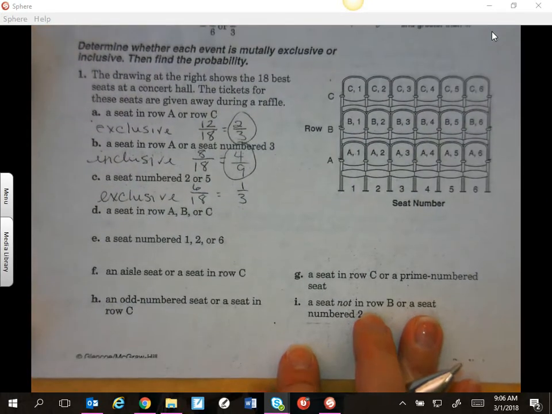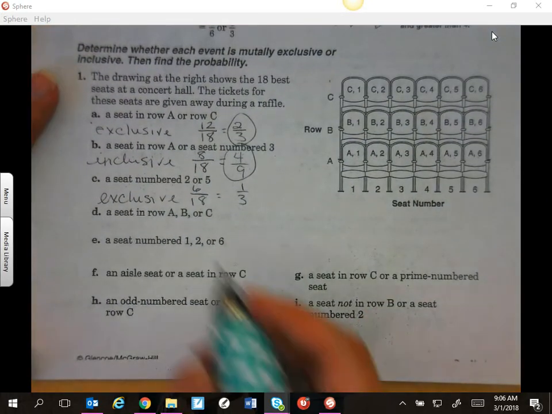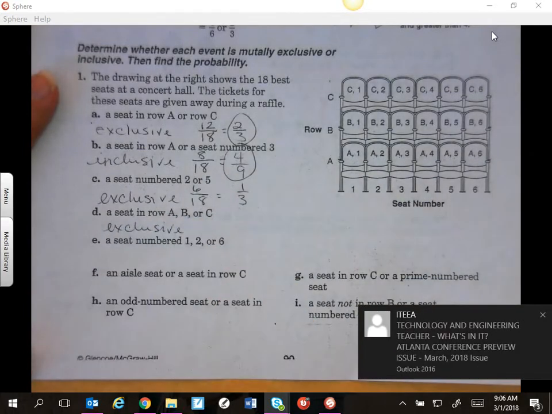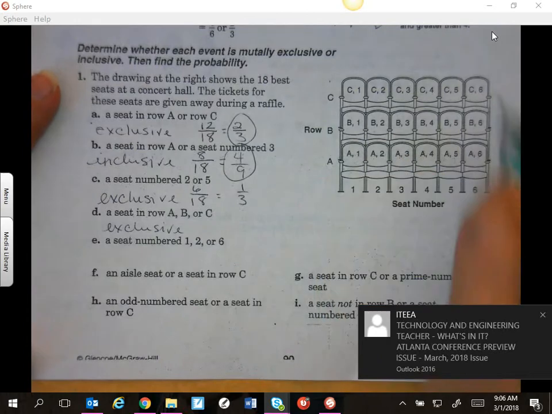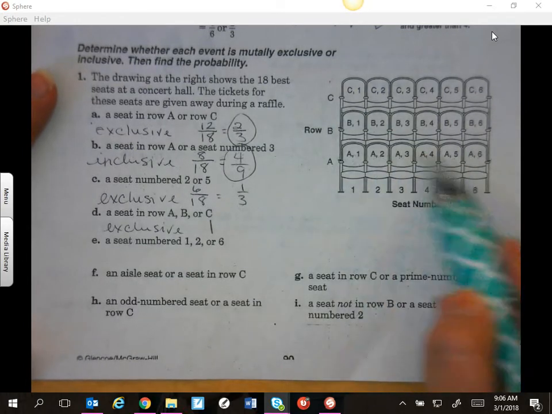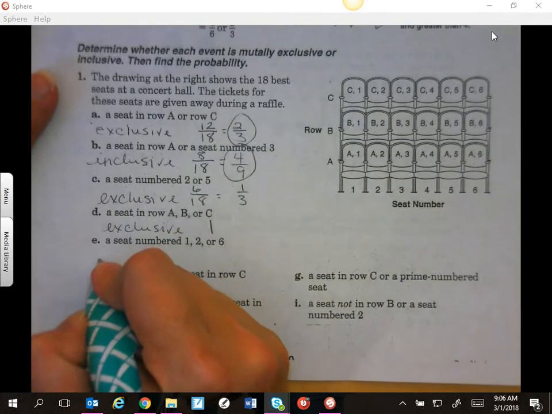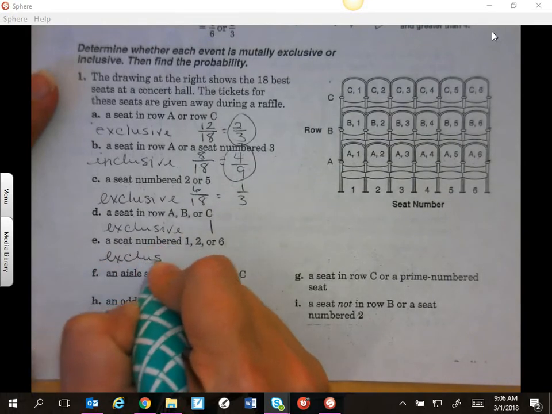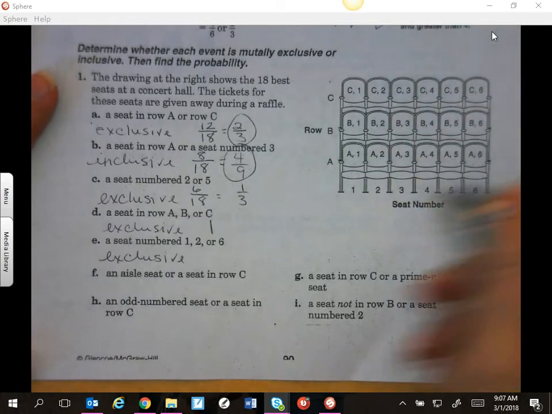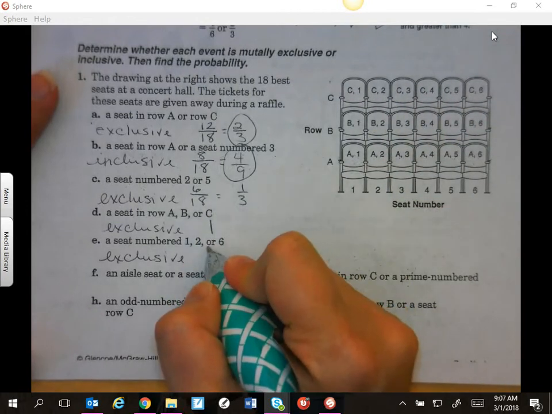A, B, or C. This is exclusive because you can't sit in all of these rows at the same time. So that would just be a probability of 1 because it's everything. A 1, 2, or a 6, again, these are going to be exclusive. 1, 2, 3 out of 6 total, so that's going to be 1/2.